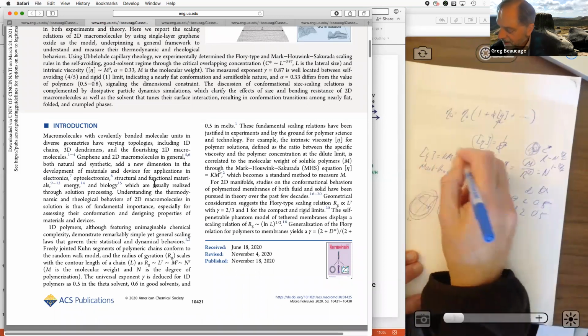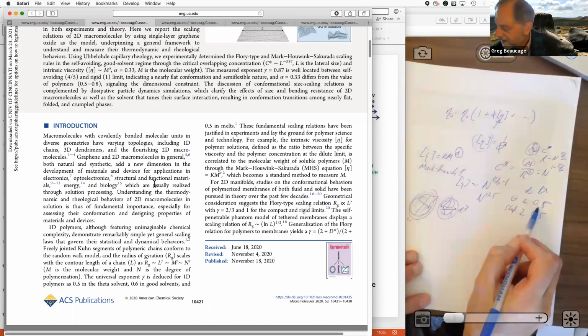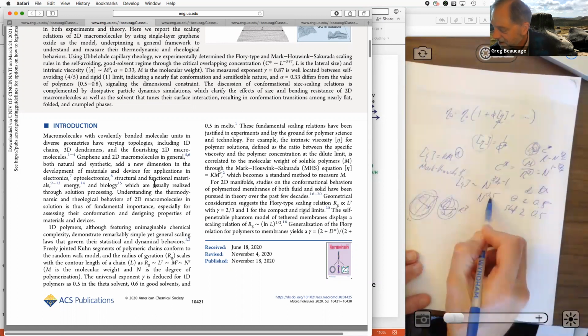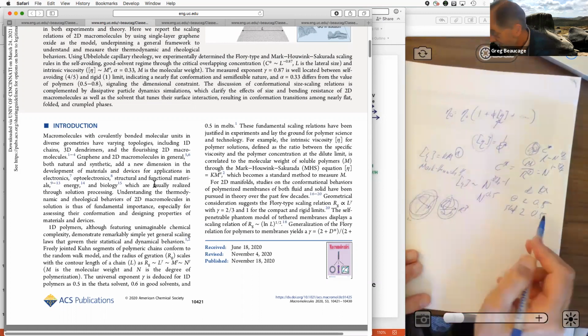And then the A is giving you the density scaling of the thing. And if it's a Gaussian chain, you get 0.5. If it's a 2D sheet, you get 0.5. And then if you have a convoluted sheet where df gets larger, right, then this number gets smaller, so you get something less than 0.5.